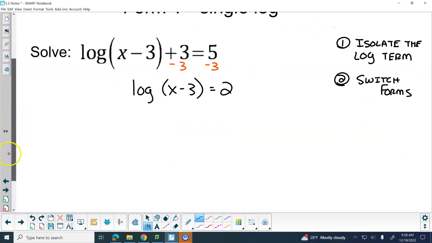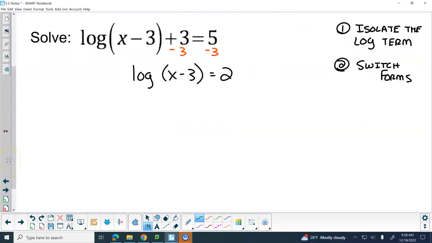What is the base in this one? The base. 10. Exponent? 2. Argument.